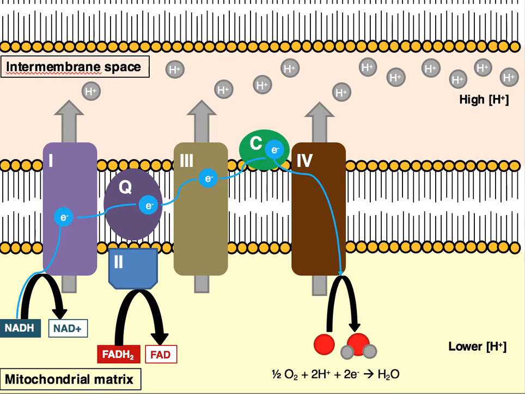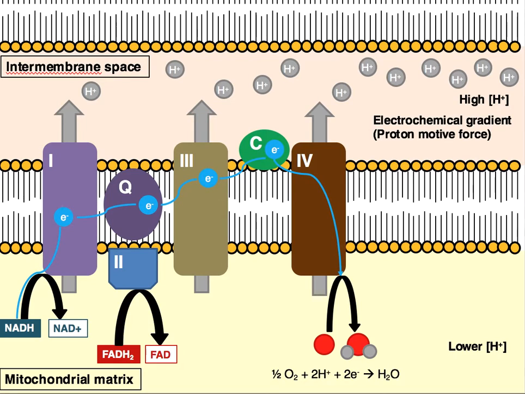Pumping protons from the already more basic, lower H+ concentration matrix to the intermembrane space establishes an electrical and chemical gradient across the inner membrane, which also gets referred to as the proton motive force. It is this proton electrochemical gradient that couples the previous processes of cellular respiration down to the end of the electron transport chain with capture of energy via synthesis of the cellular energy currency, ATP.